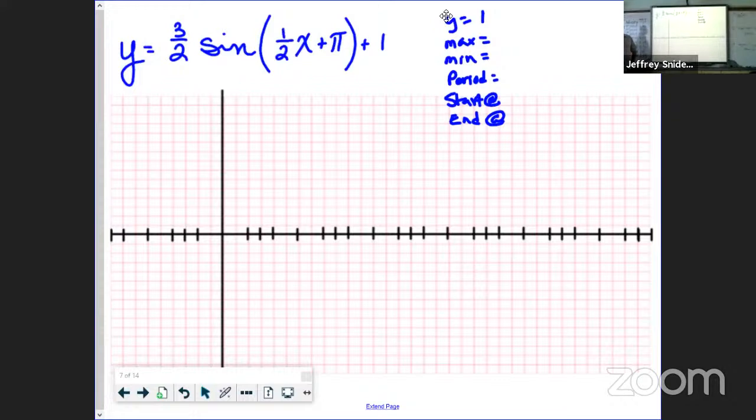What's my max going to be? 2.5. Minimum, negative 0.5. Okay.